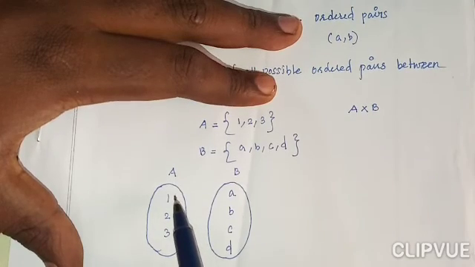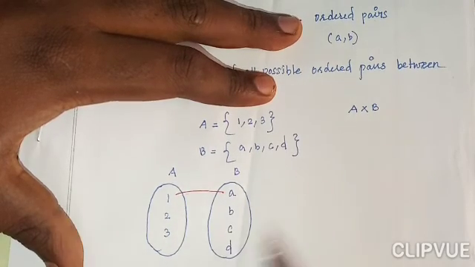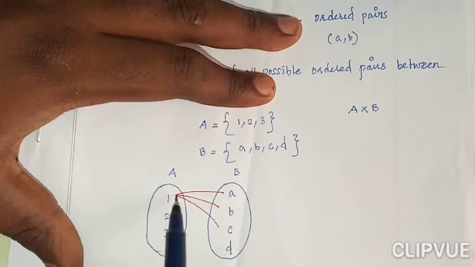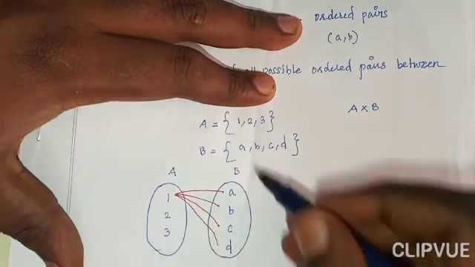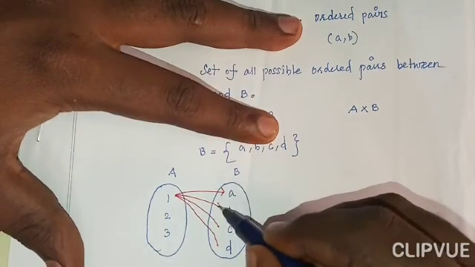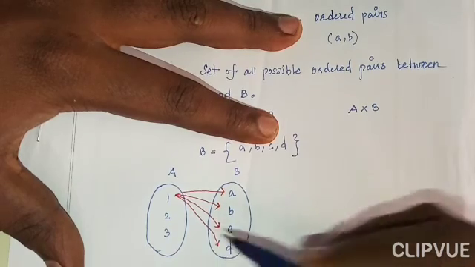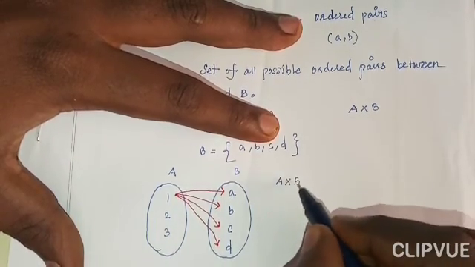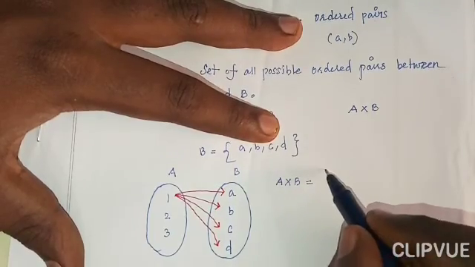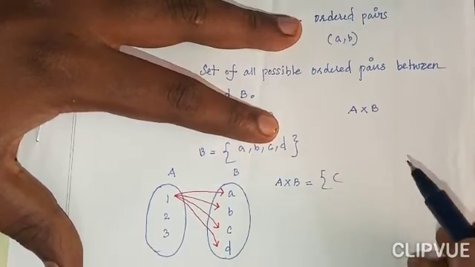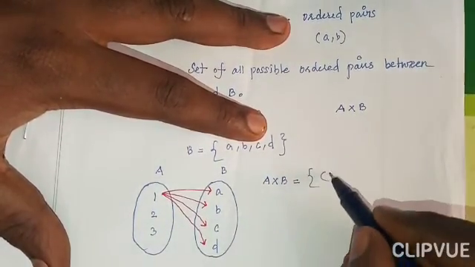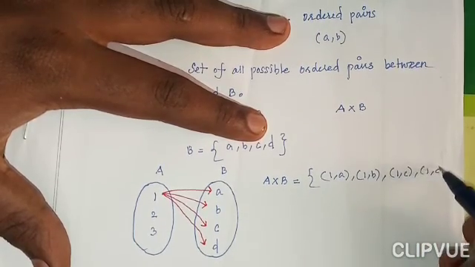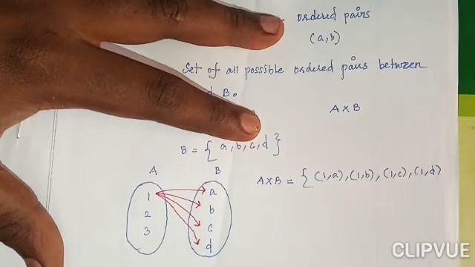What are they? If you take 1, it means (1, a), (1, b), (1, c), (1, d). This is the first one. So A cross B equals: first pair (1, a), then (1, b), third (1, c), fourth (1, d).